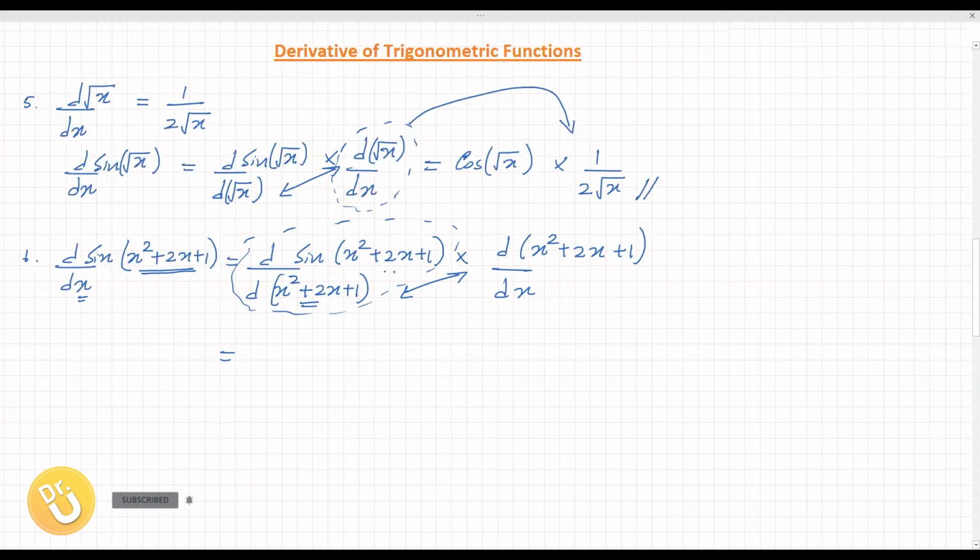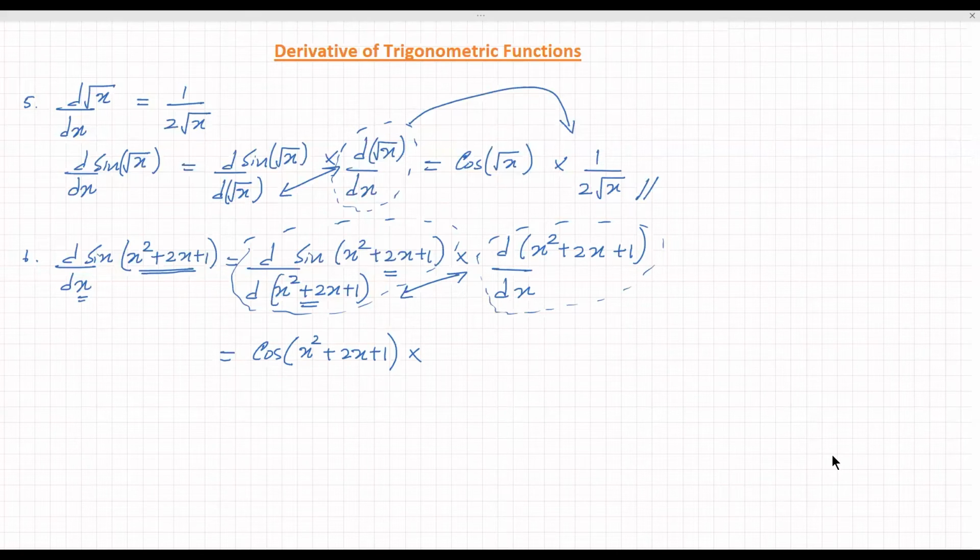Now here, d/dx of this term is very easy, because you can see this one and that one are going to be the same. So it's going to be cosine of x squared plus 2x plus 1, multiplied with this part. Here you can use the summation rule: d/dx of x squared plus 2 d/dx of x plus d/dx of 1.